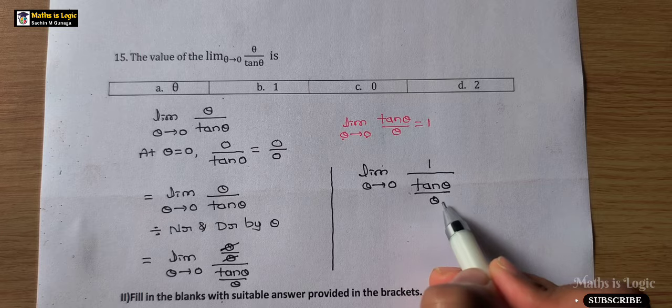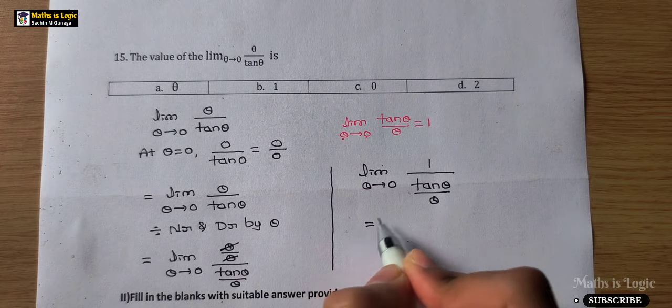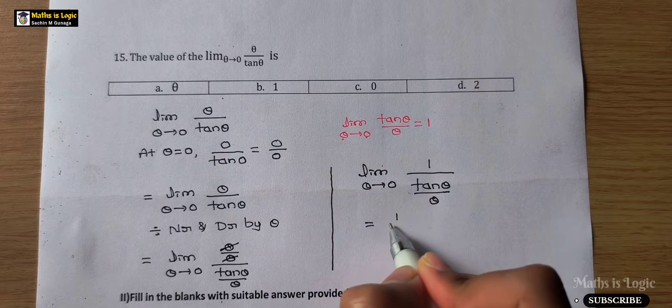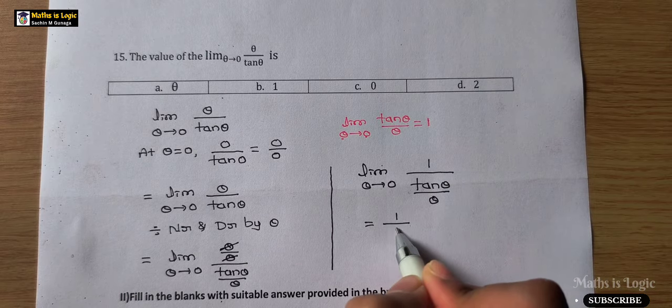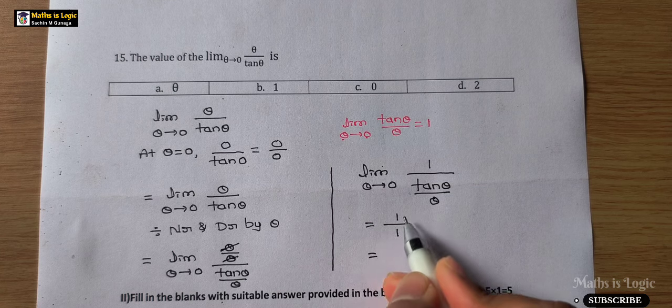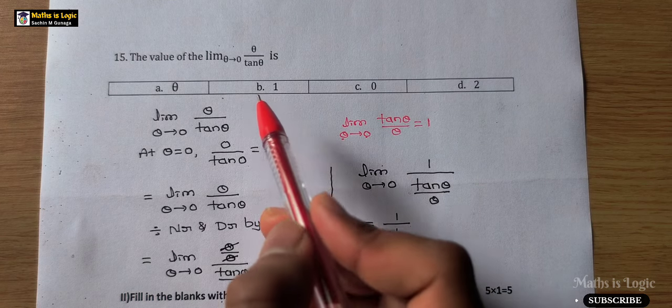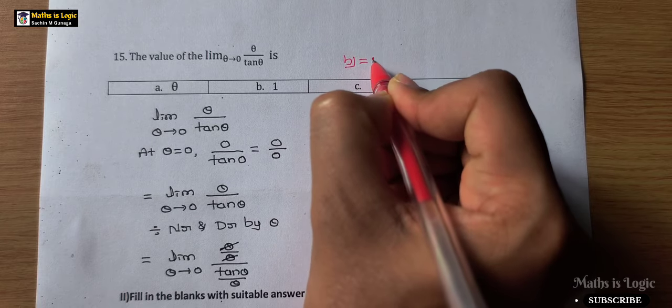So this denominator value directly becomes how much? 1. So after applying the limit, the numerator value stays, divided by the denominator value, which becomes 1. Therefore 1 divided by 1 is 1. Therefore the correct option is B, that is 1.